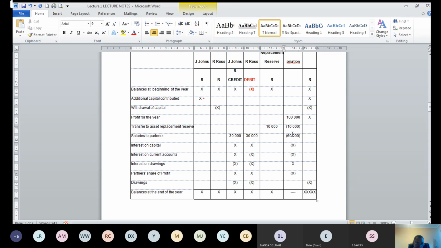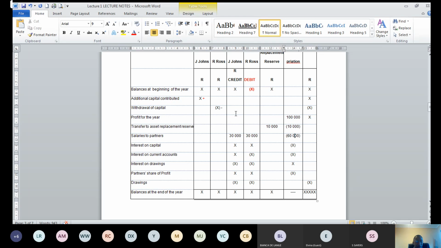At this point in time, even though we made 100,000 Rand profit, 10,000 Rand we've put aside in an asset replacement reserve, 60,000 Rand worth of salaries was paid. So now there is only 30,000 Rand left to be divided amongst the partners.